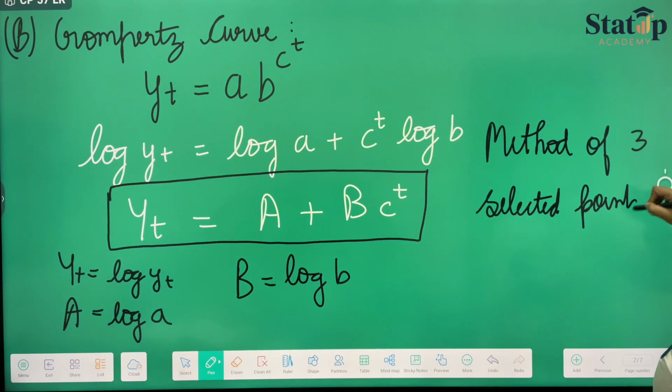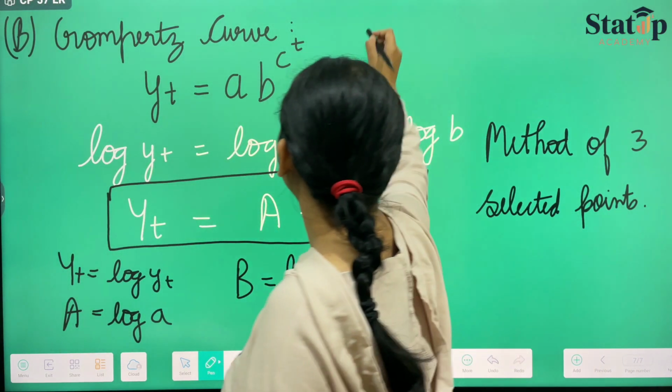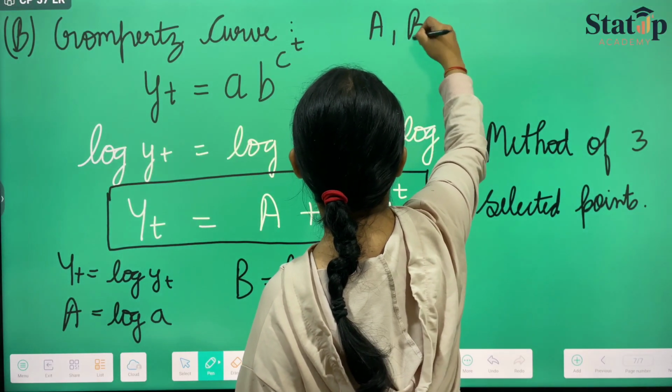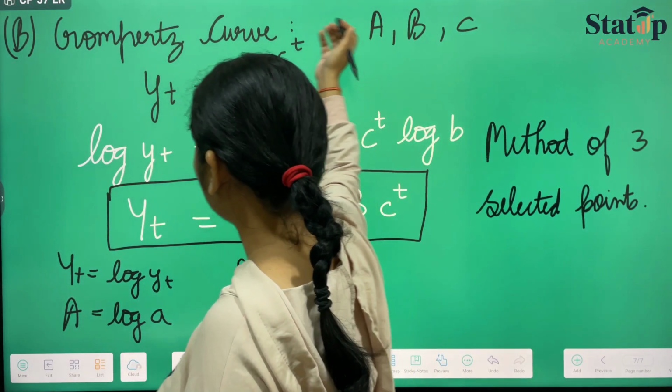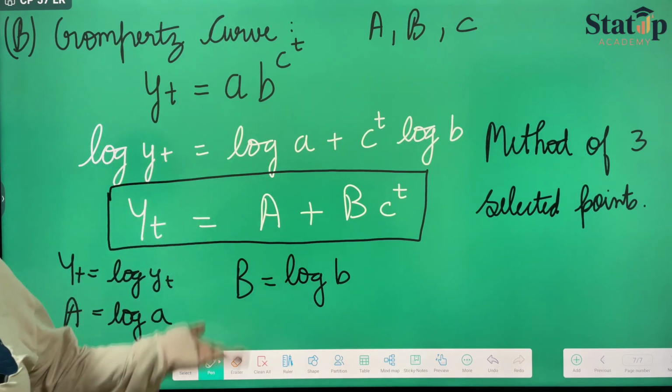This can be solved by the same method, and we'll get our constants, capital A, capital B, and small c. And from capital A, we will take antilog of capital A as small a, antilog of capital B as small b, and we'll get all three constants, and then we can fit the curve.